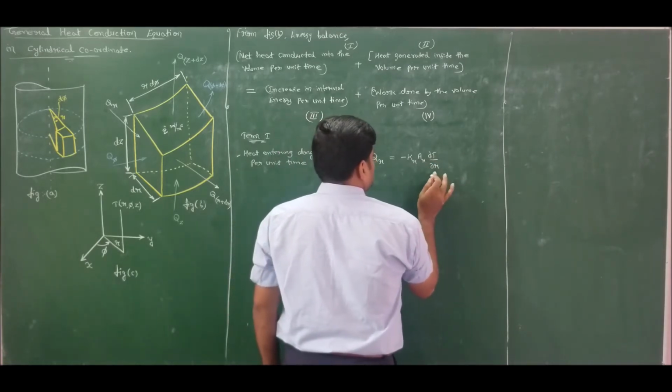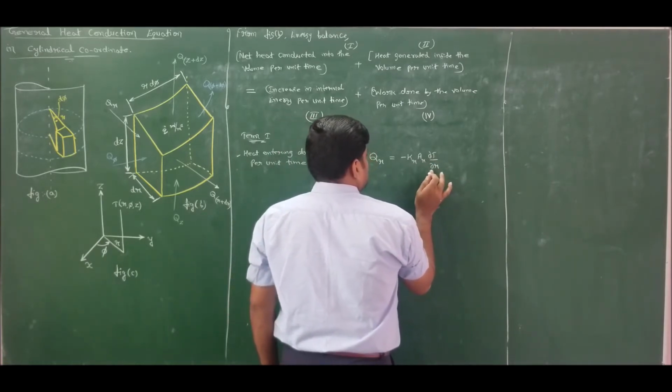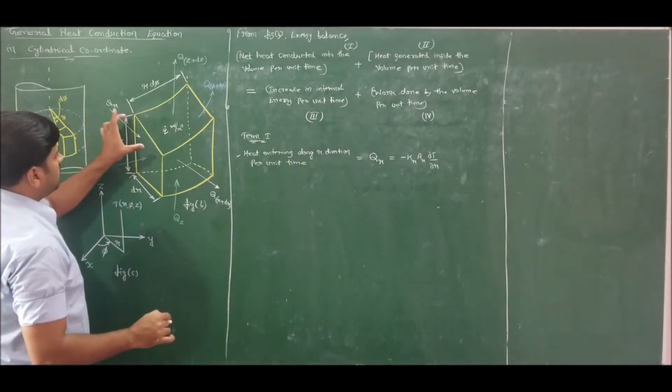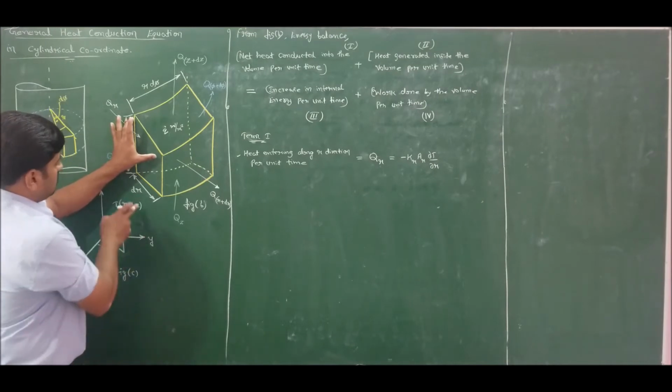Now the dimension along the r direction, the length is dou r.